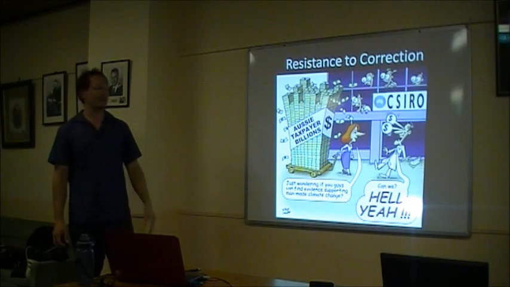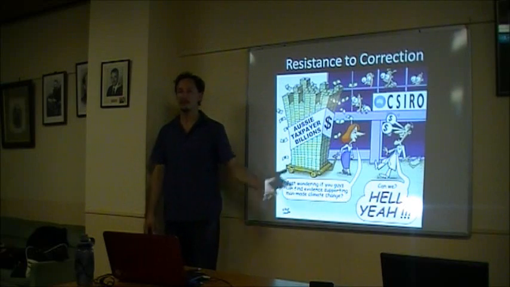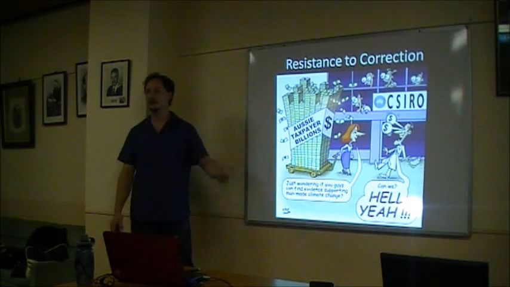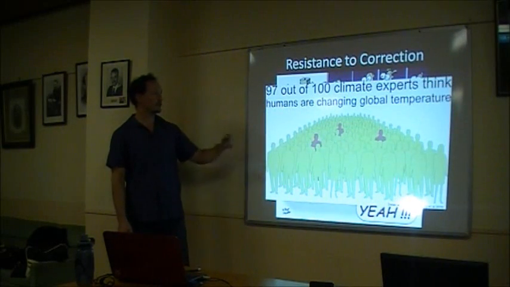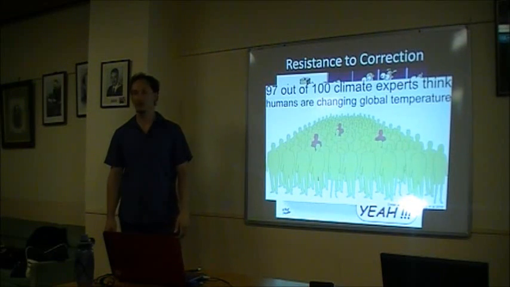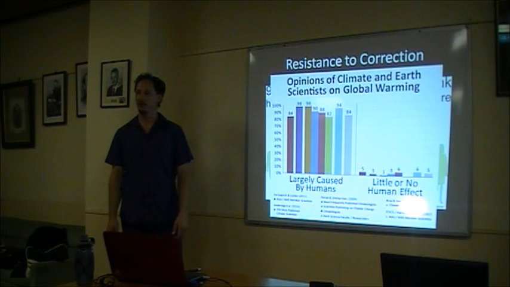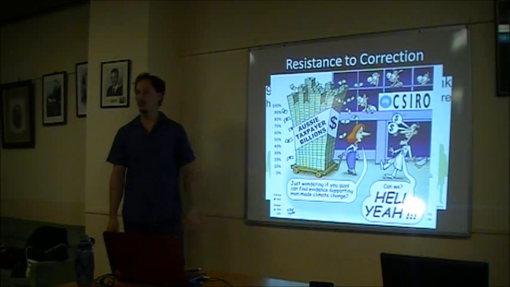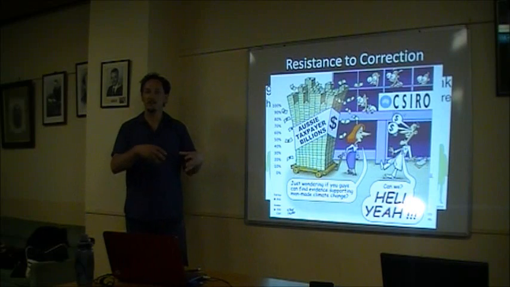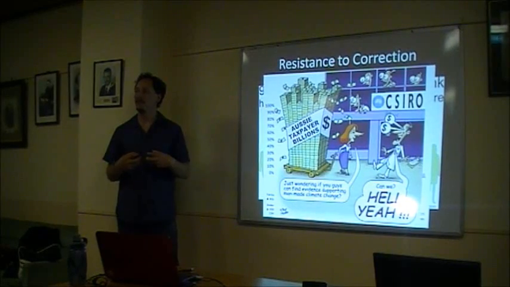If you go to websites that paint scientists as being won over by money and government grants, because the government wants to take tax money, and you hear this argument over and over again, and then you go to a website that says, well, actually 97 out of 100 experts think that humans are changing global temperatures, and you see all the scientific papers clearly saying that it's caused by humans versus the few that deny it or argue against it, then that doesn't matter, because you know that they're being bought by money and you've already heard this belief. Being told that you're wrong is something that humans really, really hate, and so they resist it.